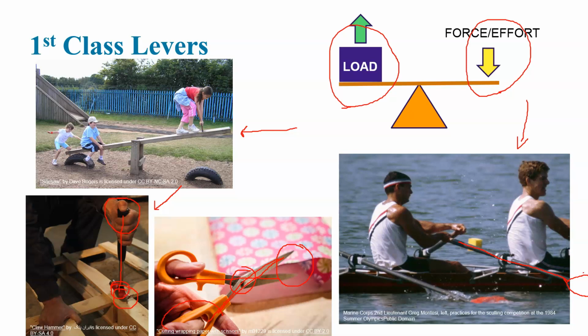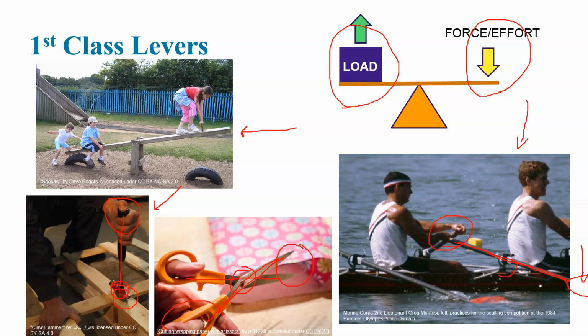Or backwards. So our load is the water that needs to be moved out of the way, and the paddle, basically, that's doing the moving. At the opposite end of this long, rigid arm here is the effort provided by hands, which are connected to muscles that do the pulling or the pushing to move the paddle.